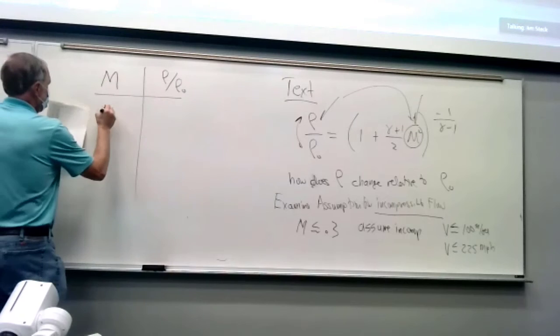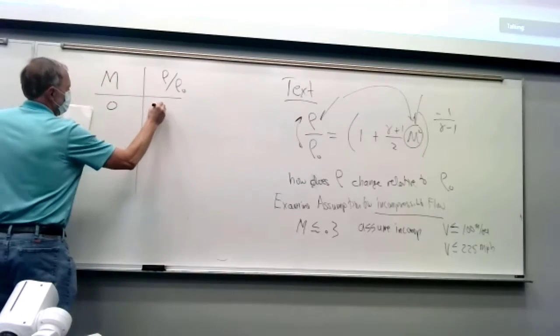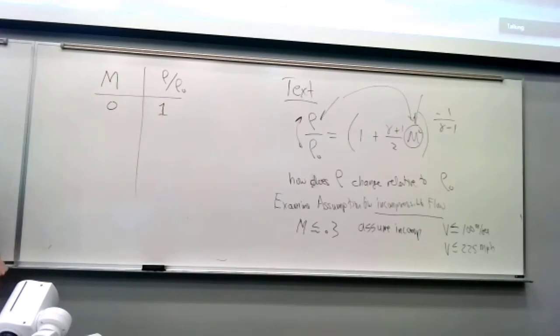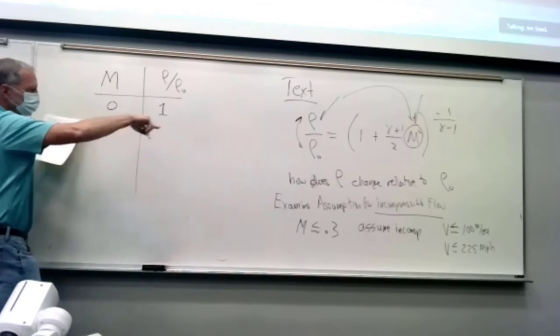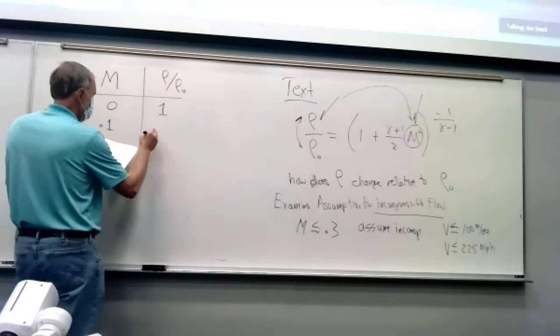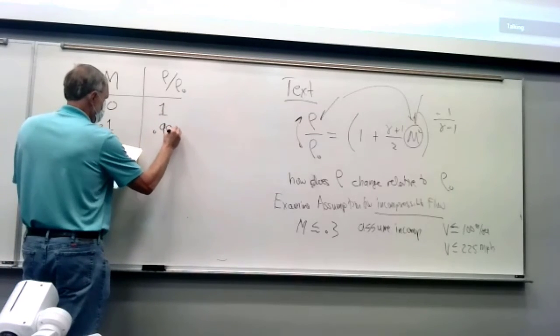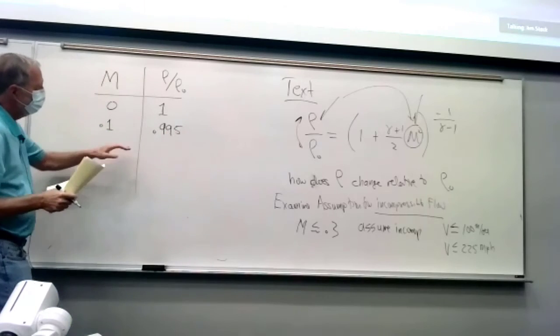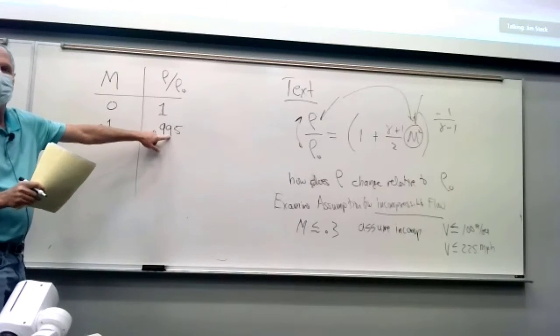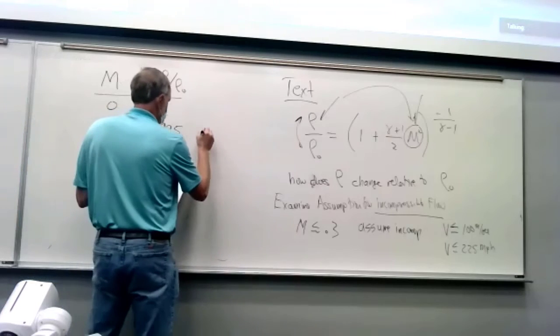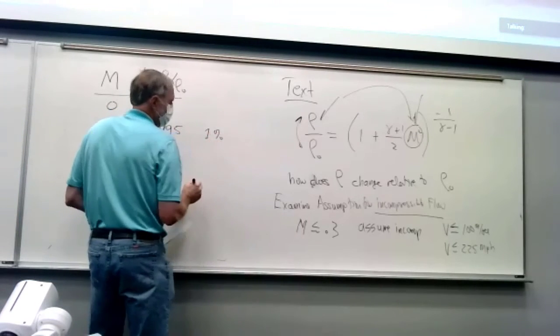So at Mach 0, the density doesn't change at all. Makes sense because there's no flow change. Let's crank it up, go down the tube to Mach 0.1. The density has changed at that point, but only about 1%. So we could live with that.